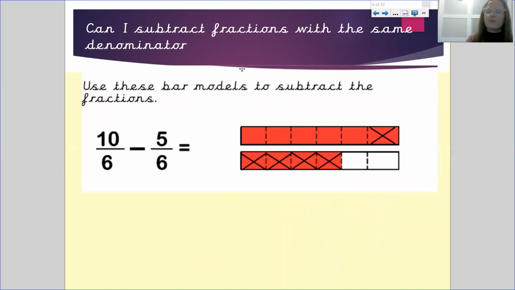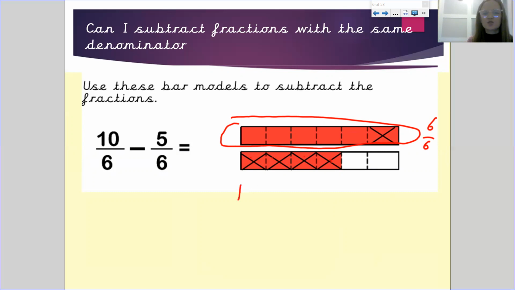Right, so use these bar models to subtract the fraction. So we've got 10/6 minus 5/6. You can see that this strip of paper here, this whole is going to show me 6/6, but it says that I need 10/6, which is why we've got 4 over here.